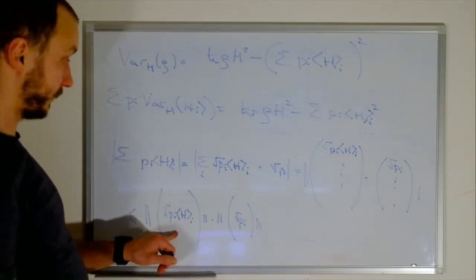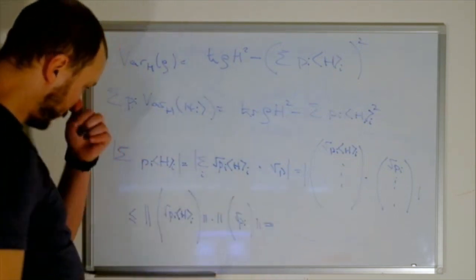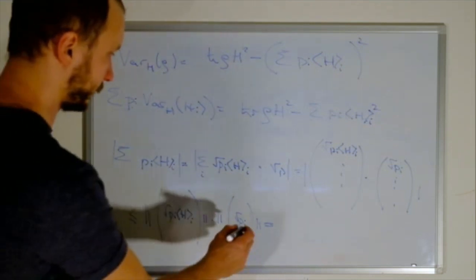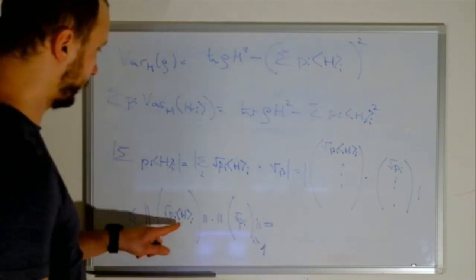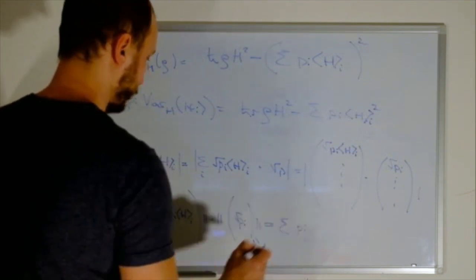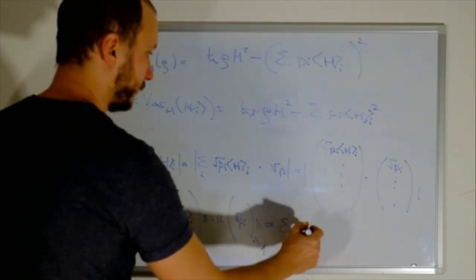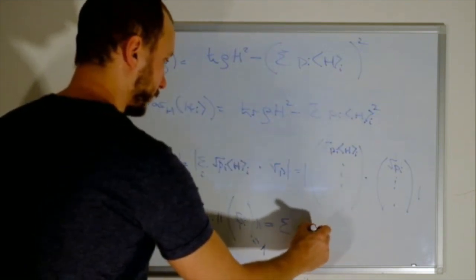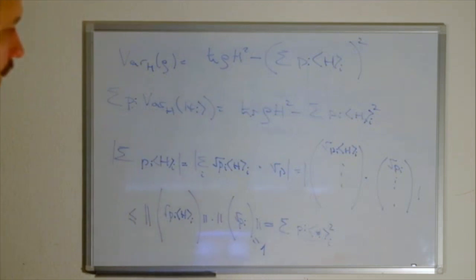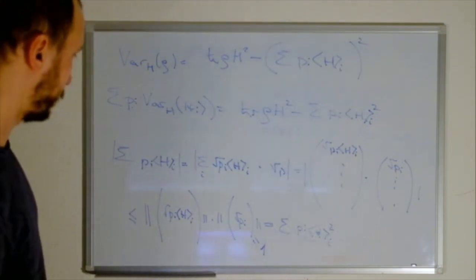Finally, if you develop this term now, what is this norm? Well, this is easy, because the norm of this vector is just the sum of p_i's, so it's 1. Right? So this norm is simply 1. And this norm is the sum of p_i, square root of p_i times square root of p_i times h_i squared. So what do we show here?